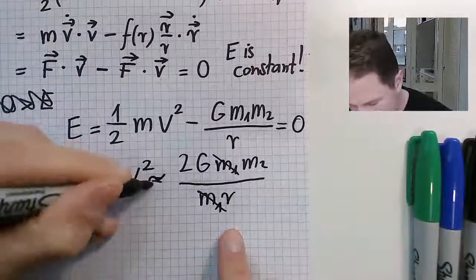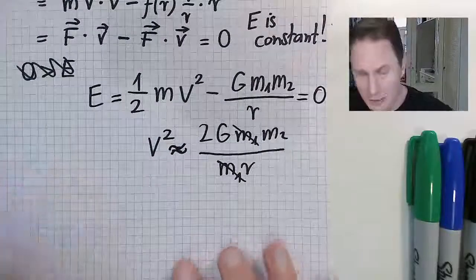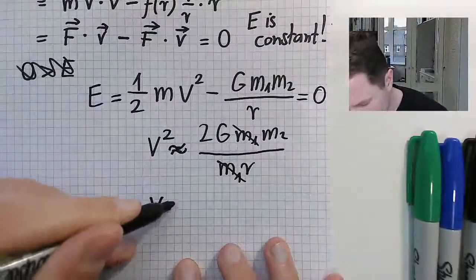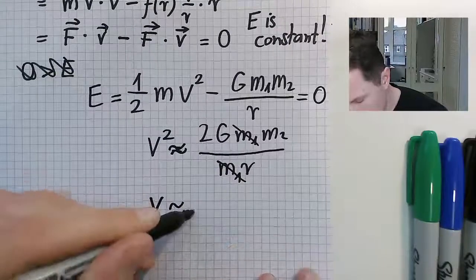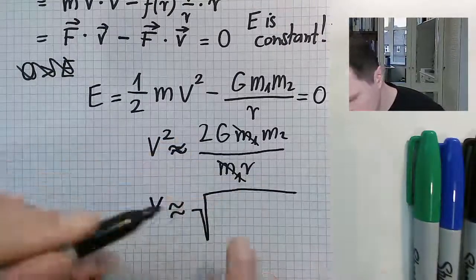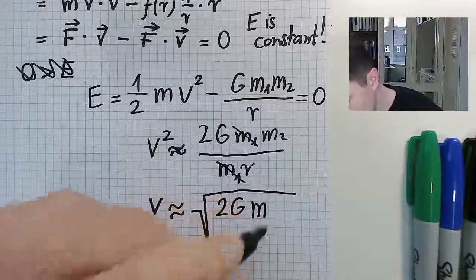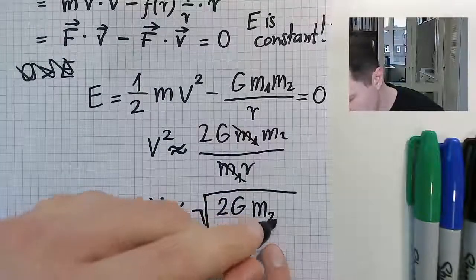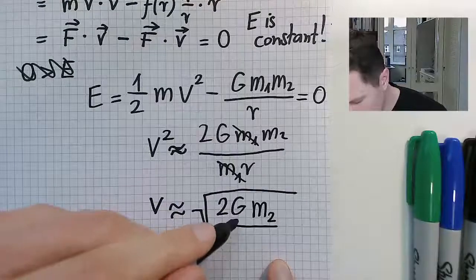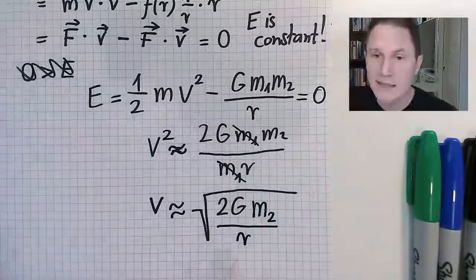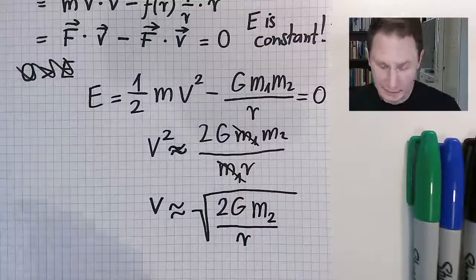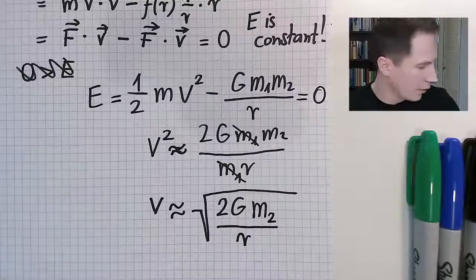So this is roughly true, meaning that the escape velocity is going to be roughly equal to the square root of this expression, which is 2 times the gravitational constant times the mass of Earth divided by the distance from the center of the planet.